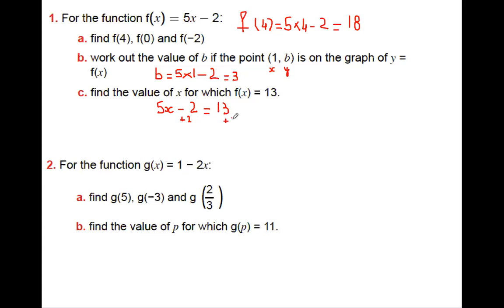What's 13 add on 2? 15. So that means 5x equals 15. And then the next thing is to get rid of the times 5, I need to divide by 5. That becomes 1, and that becomes 3. So x equals 3.